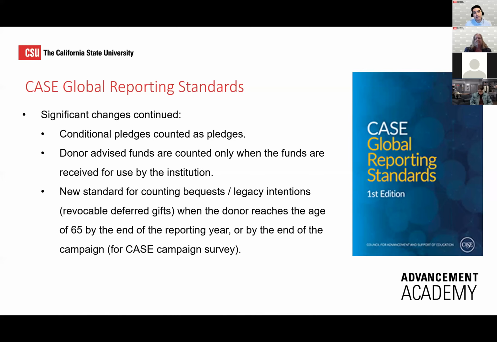On some of the irrevocable giving instruments, the present value is the tax deductible amount to the donor. So there's gift planning software that can help you calculate that amount. And of course, my team is available to help give you the tools and point you in the right direction if you need any help calculating that as well.